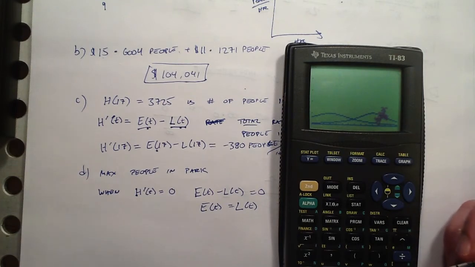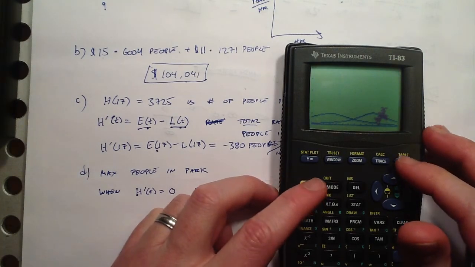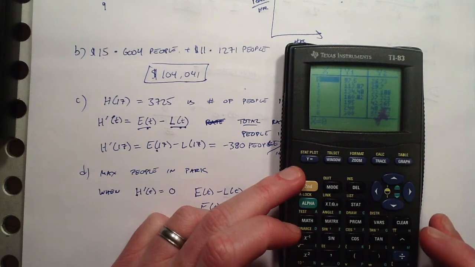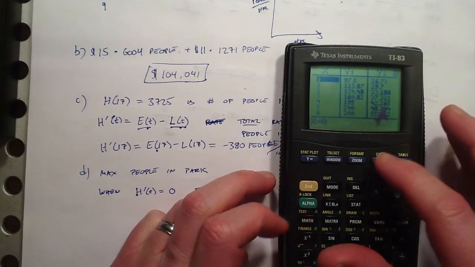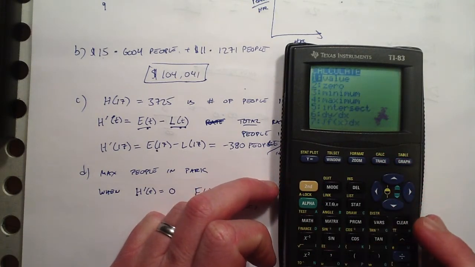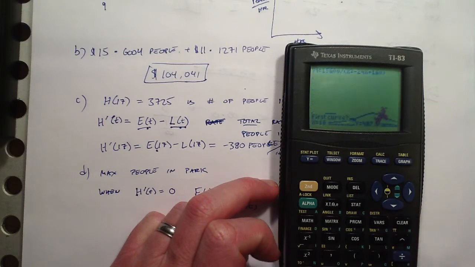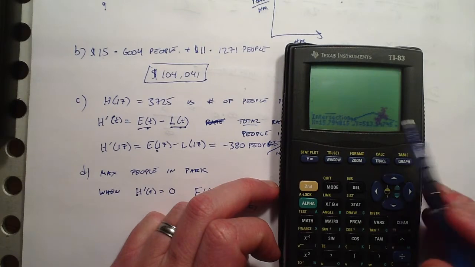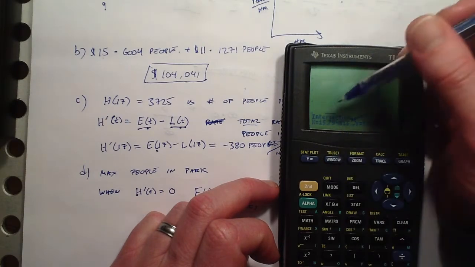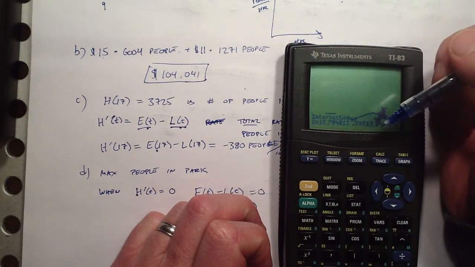That's where they are equal to each other. Second, calculate. Oops, second, try that again. Calculate. Intersect. Looks like they intersect at 15.795.